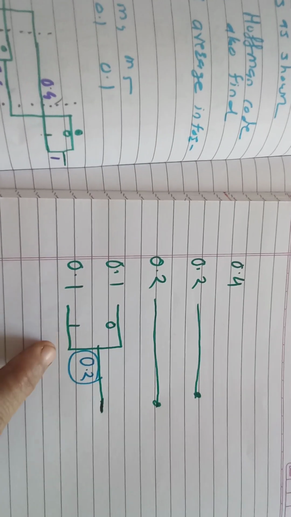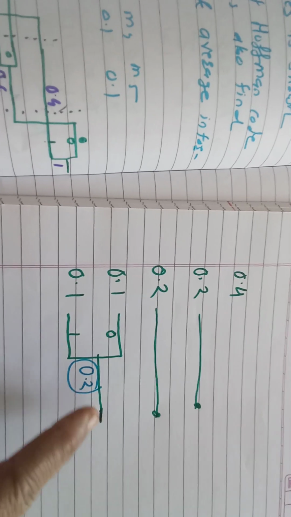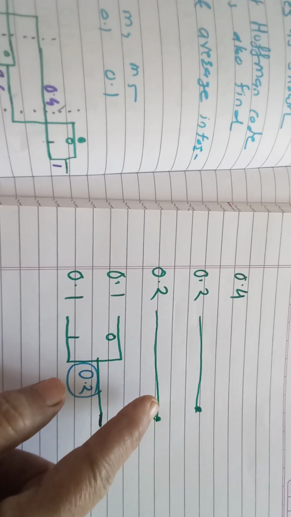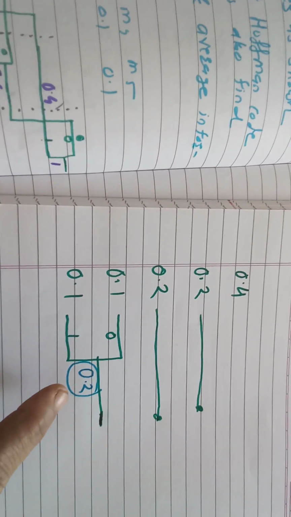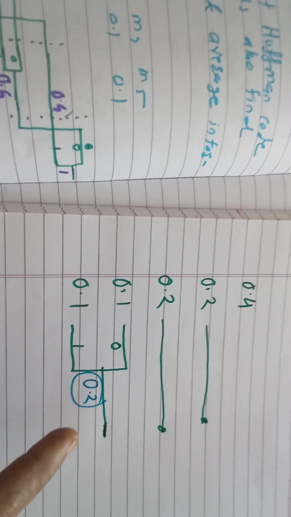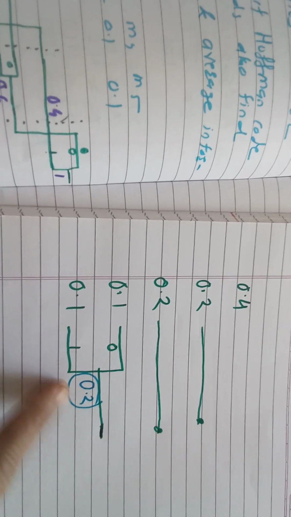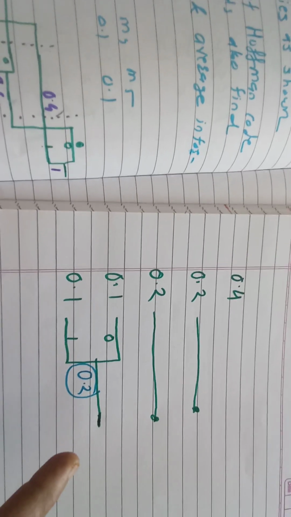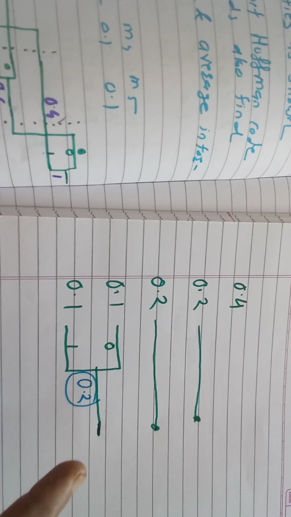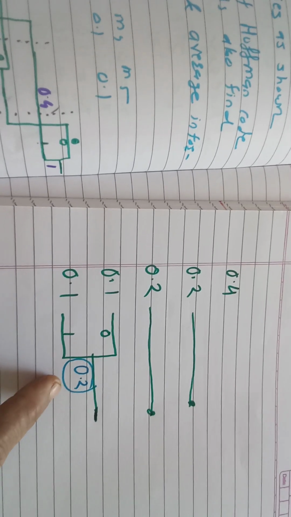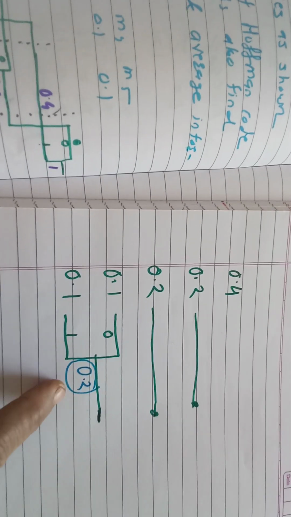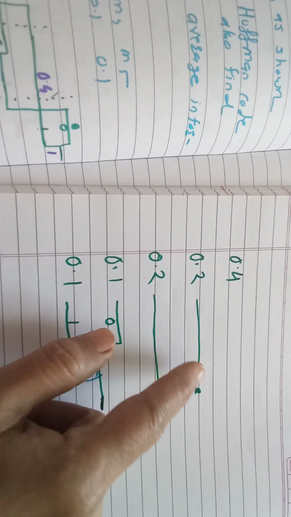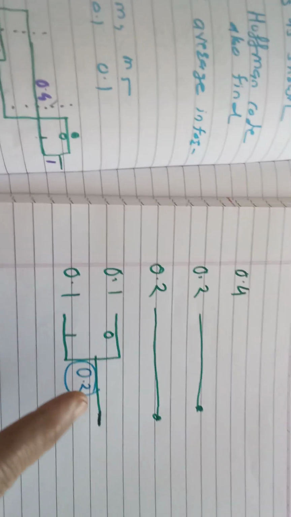These are similar, but you keep in mind that you have to take this 0.2 upward of these two, because it can be proved that if you take this summation upward, your coding efficiency is definitely going to increase. That's why this is the protocol: you have to place the addition above the probabilities if the probabilities are similar.